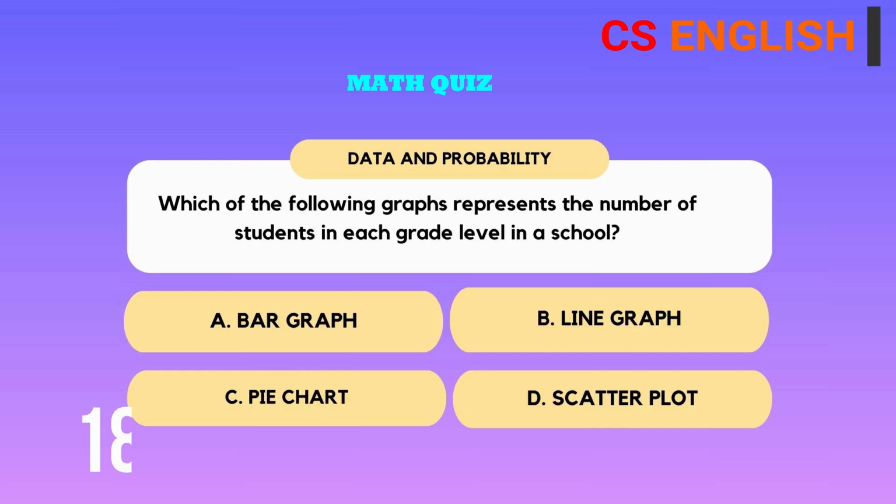Which of the following graphs represents the number of students in each grade level in a school? A. Bar graph, B. Line graph, C. Pie chart, D. Scatter plot.